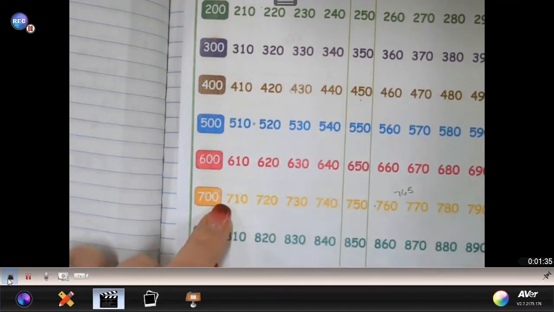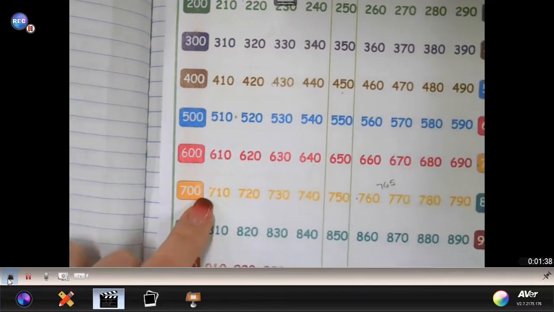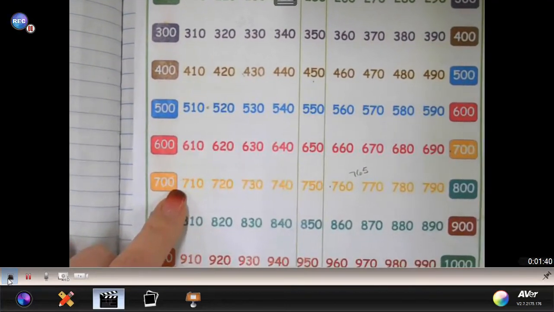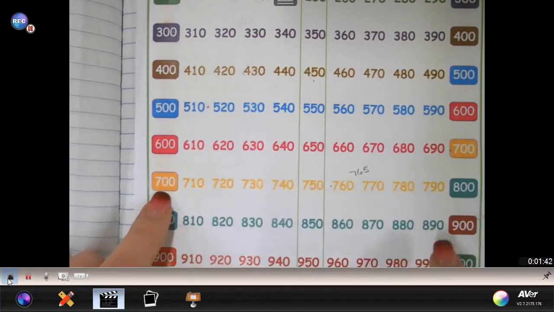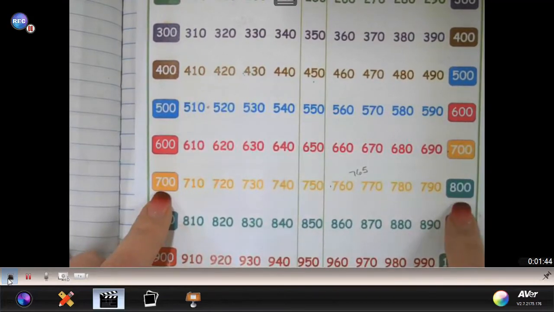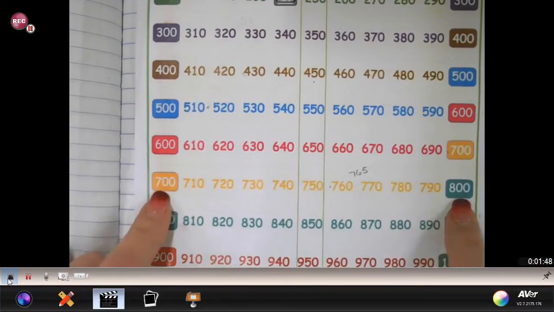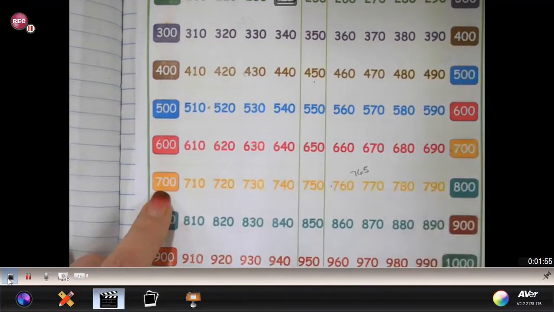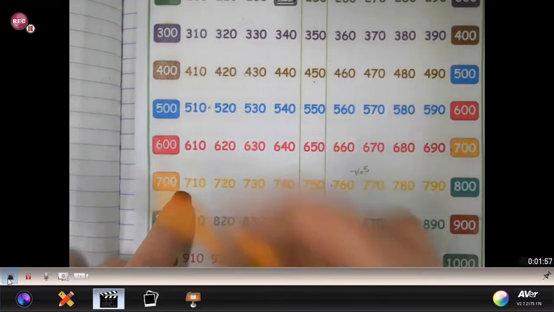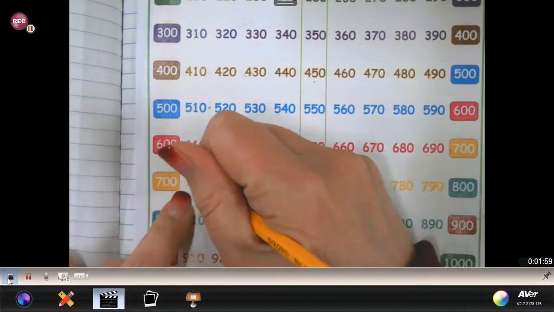However, we're not looking for the nearest 10, we're looking for the nearest 100. So the two hundreds that 704 is between are 700 and 800. 700 being the hundreds place that we already see, and the next 100 being 800. So 704 would be right here.